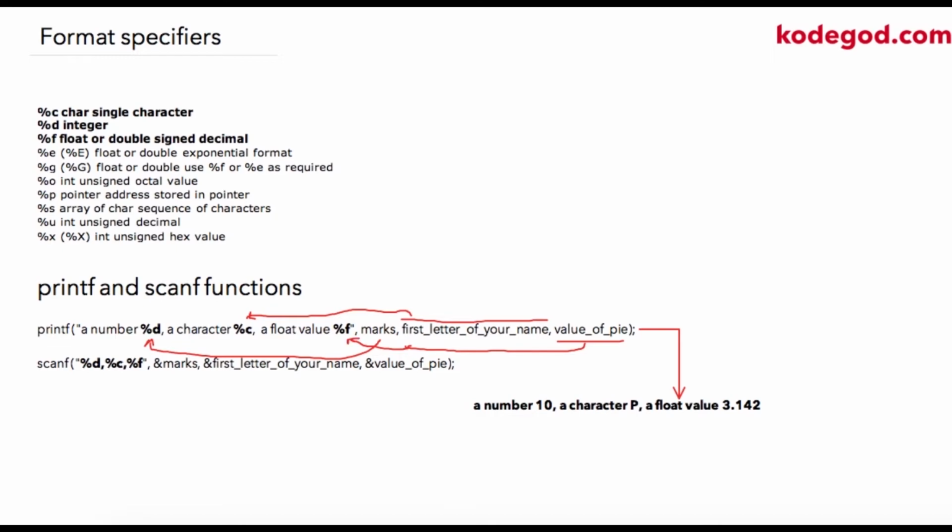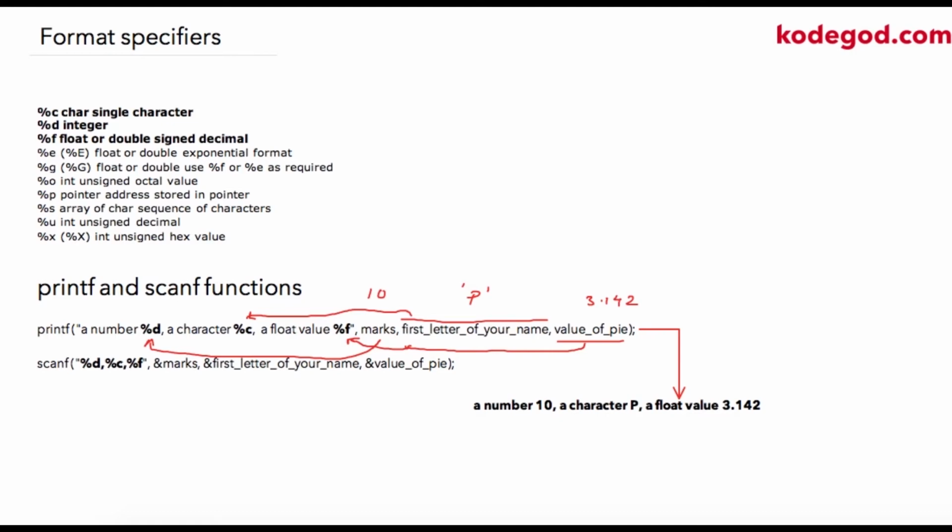Once this is compiled, at the time of execution, the output for this printf statement will be a number 10, comma, a character p, comma, a float value 3.142, if these variables had these values.